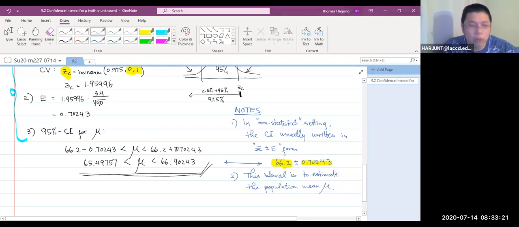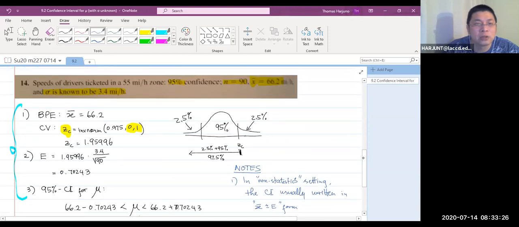This is not to estimate at what speed. It does not estimate the speed at which you will get ticketed. No, no, no. This is just the overall average of the speed of drivers ticketed in that speed zone.